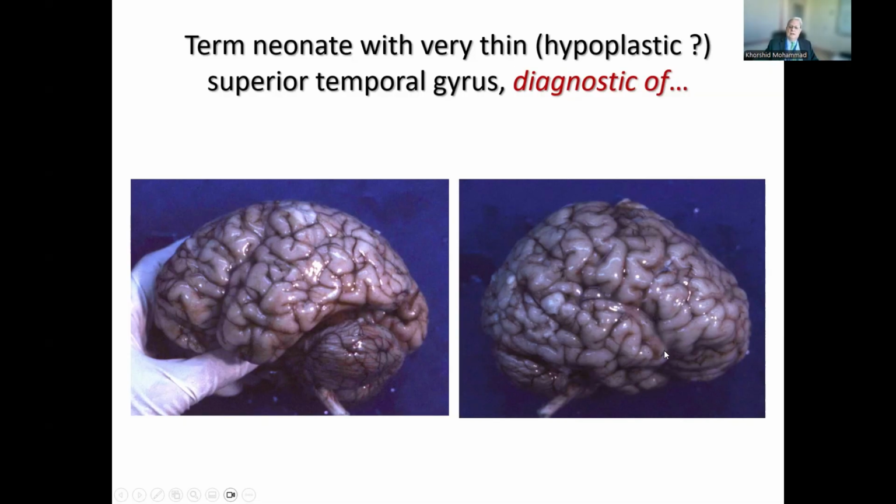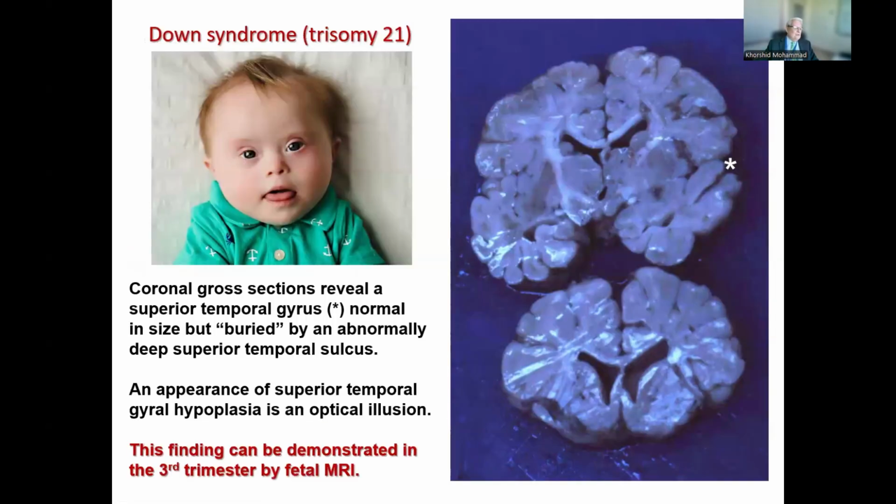Any neuropathologist or neuroradiologist who would see this would immediately give you the diagnosis of this patient, because there's only one condition that causes this particular appearance, and that is Down syndrome, trisomy 21. And it's often said that the superior temporal gyrus is hypoplastic in Down syndrome.